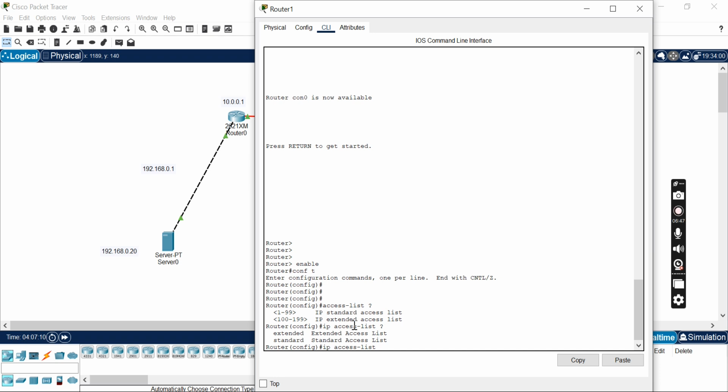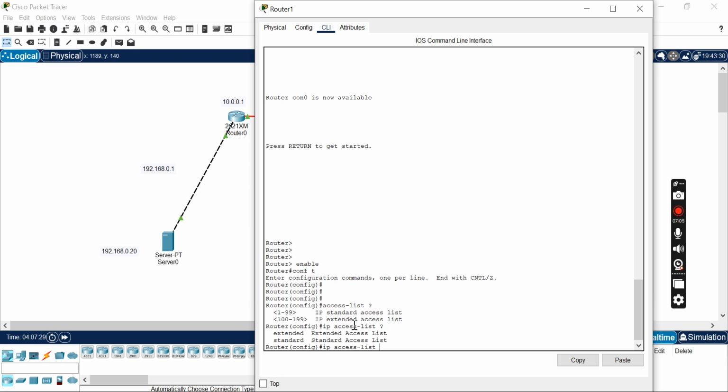This way of making an ACL is called the named ACL process. So we are going to configure our standard ACL by named ACL configuration mode.